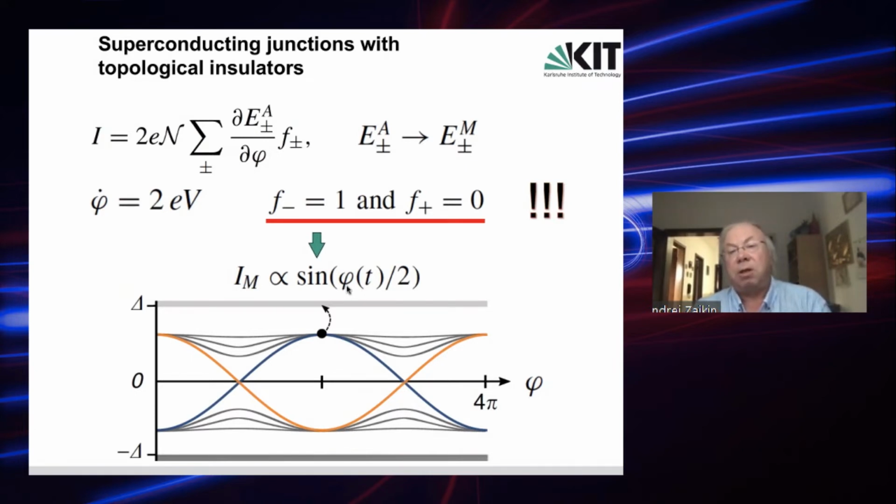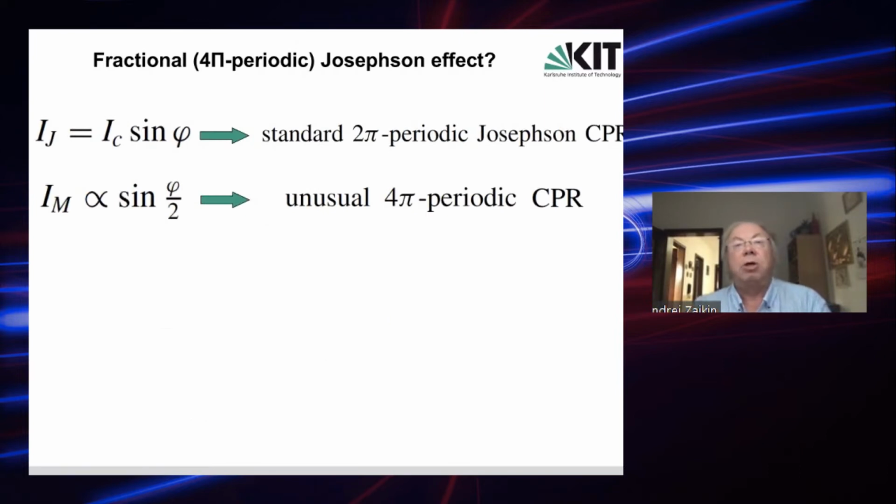So it's a time-dependent effect. That is what people argue, and this argumentation has the following major consequences. In the standard case we have the standard 2-pi periodic Josephson relation, but from this kind of argumentation we have an unusual 4-pi current phase relation.